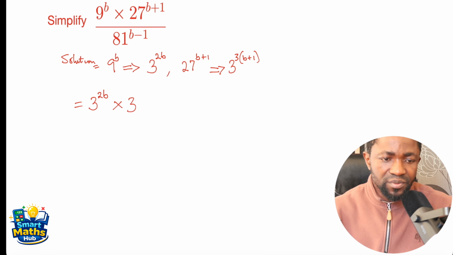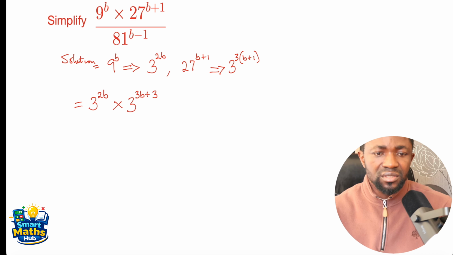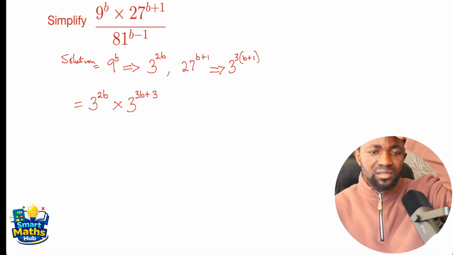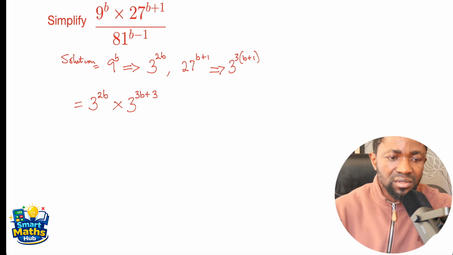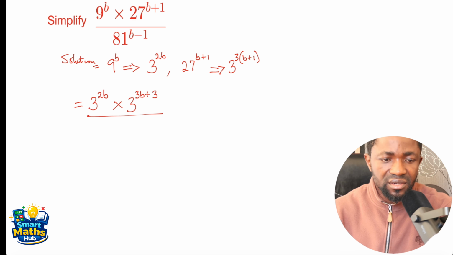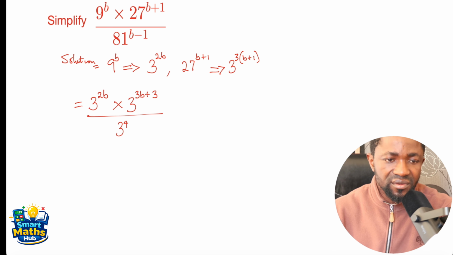It is 3 raised to power 3b plus 3, because 3 multiplied by 1 is 3, and 3 multiplied by b is 3b. So everything over 3 raised to power 4b minus 4.